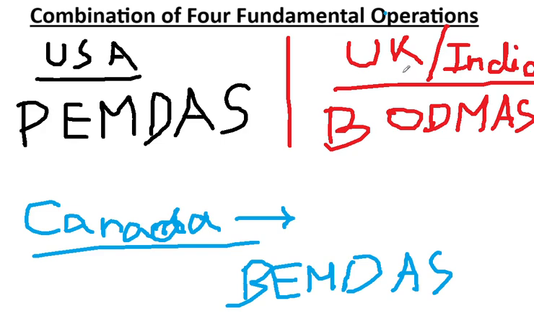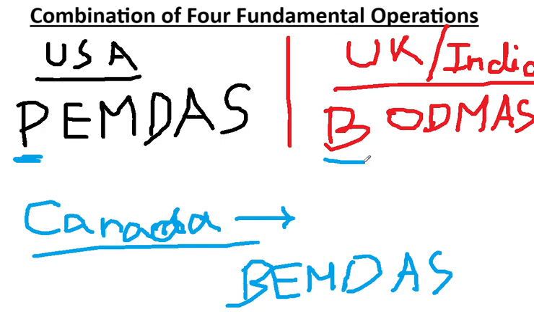For each and every country, we see different words, right? So this P stands for parentheses in USA, okay? In UK, India, and Canada, it stands for B as in brackets.